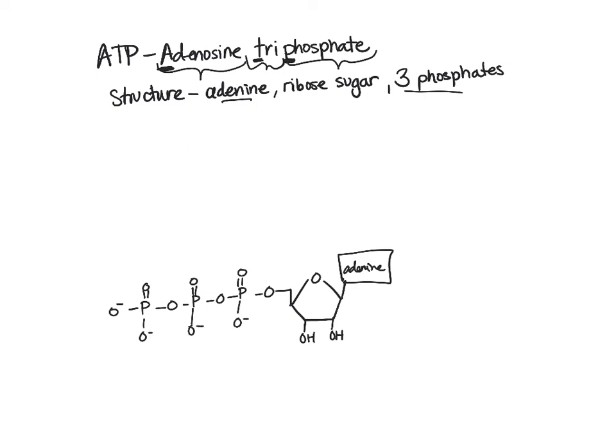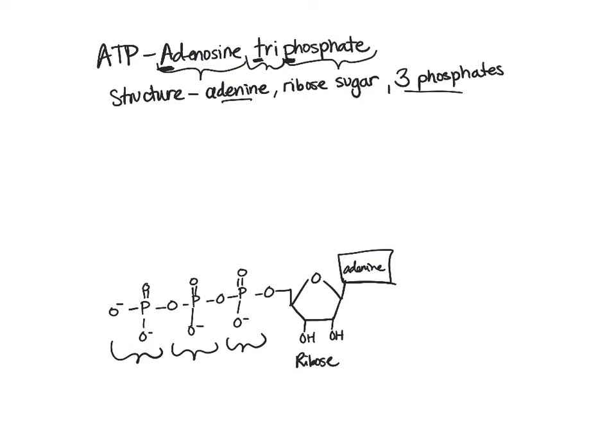All right. So you can see this is 1 phosphate group, another phosphate group, and the 3rd phosphate group. Right here, this is our ribose sugar, and then here is our adenine, or nitrogenous base in this case. So here is our adenosine triphosphate.